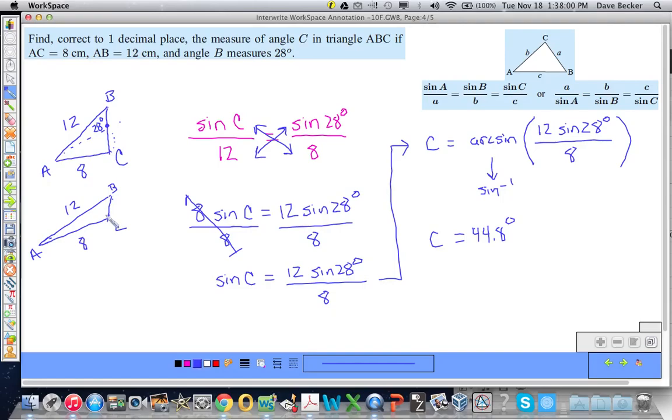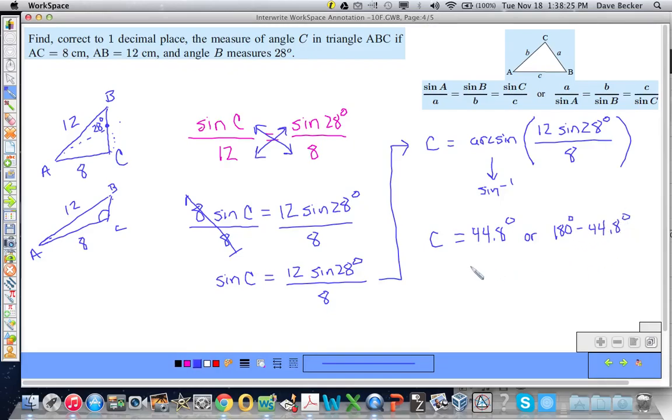So that means angle C could be a different measure. In fact, instead of being acute, it could be obtuse. So the way I find that is anytime I solve for an angle, I say, or it's equal to 180 degrees minus 44.8.